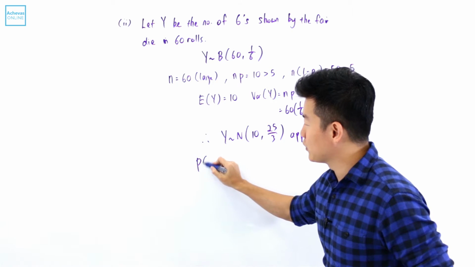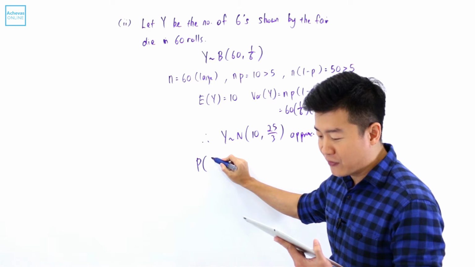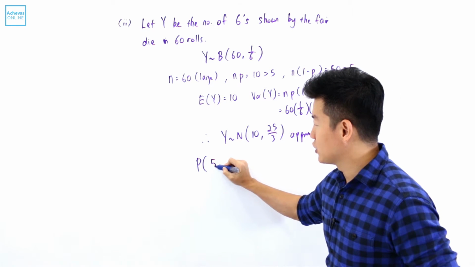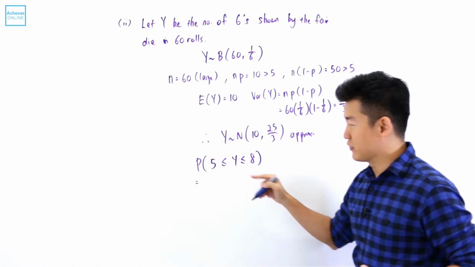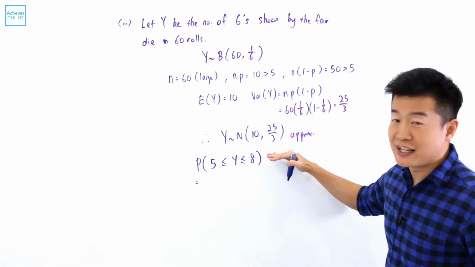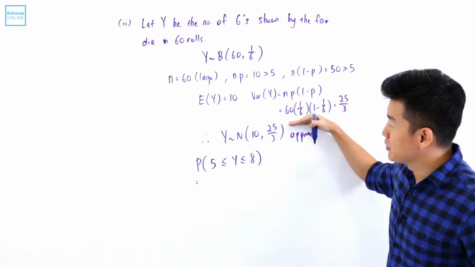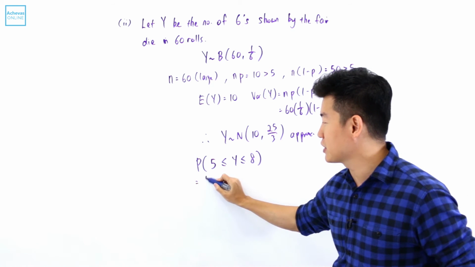And the probability that we are looking for is the probability that Y is between 5 and 8 inclusive. So this, okay, inclusive, so bigger or equal to, less than or equal to. And since this is a discrete random variable being approximated to a continuous random variable, we need to carry out a continuity correction.